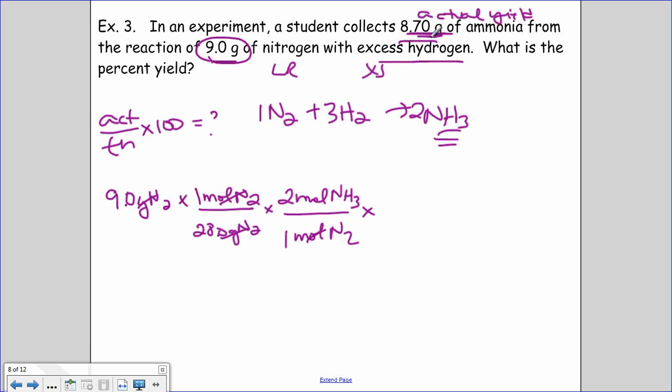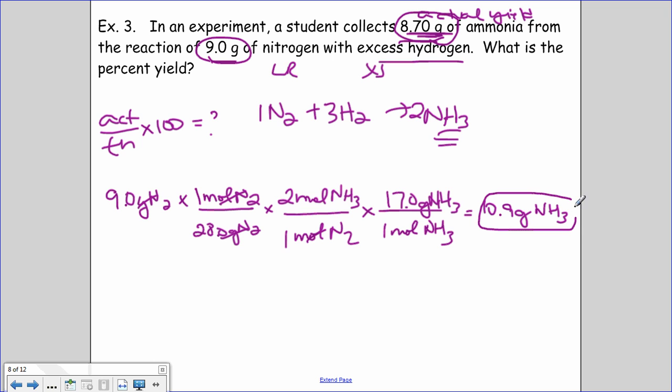Since this unit here is in grams, I need to go to grams for ammonia as well. So 1 mole of ammonia is 17.0 grams of ammonia. Once I put this in the calculator correctly, I should get 10.9 grams of ammonia. And I'm going to label this on my paper as theoretical yield.